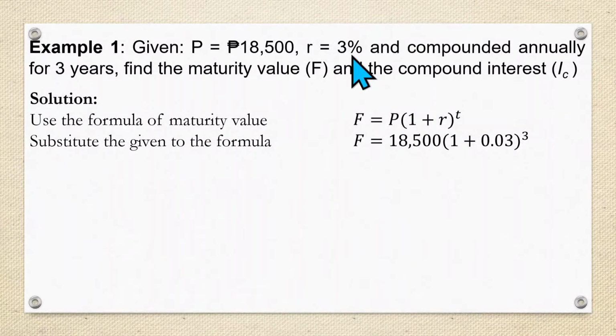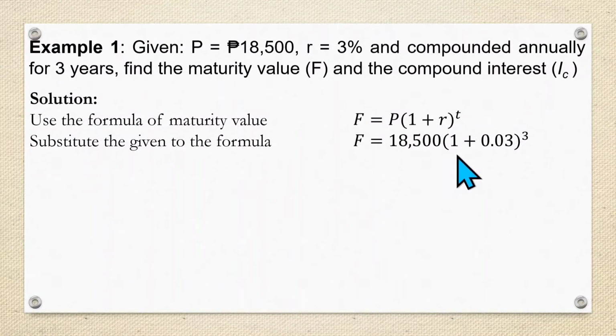So i-convert natin into decimal number ang ating rate. So 3% is equal to 0.03, then raised to 3, which is 3 years. T is 3 years. You can use a calculator in performing the operation of the given formula.